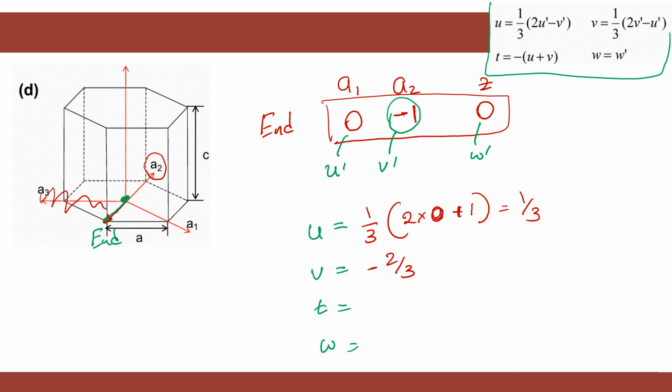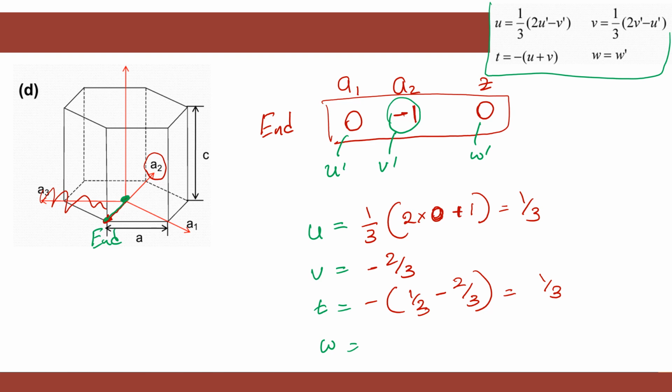How about T? T is negative U plus V, isn't it? So that will be 1/3. T is 1/3, is that right? And how about W?